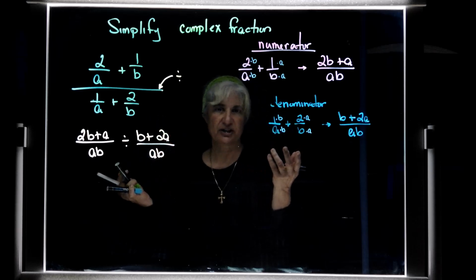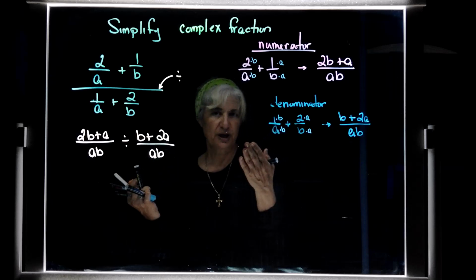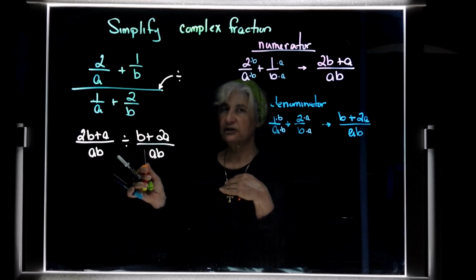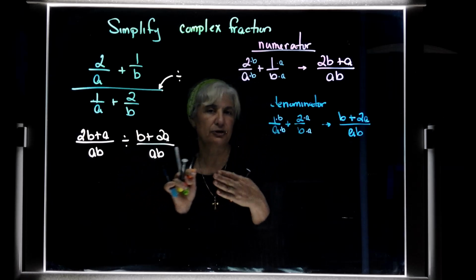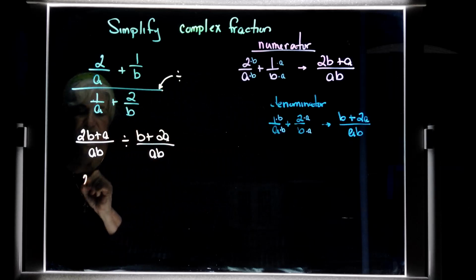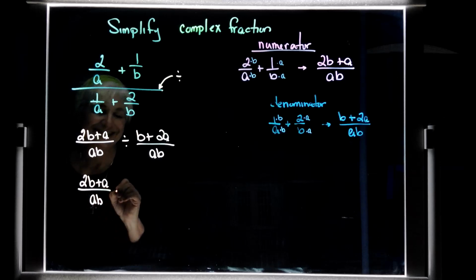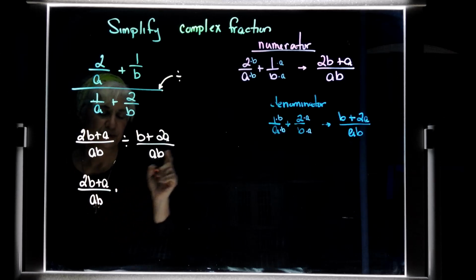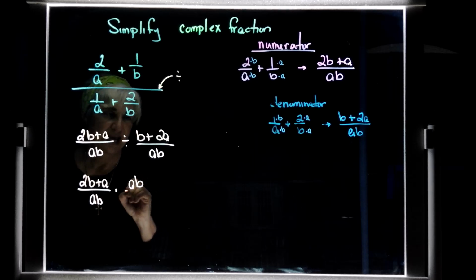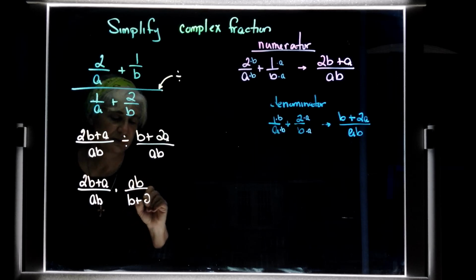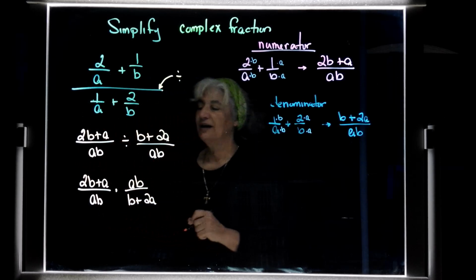Because as soon as I write it this way, now my brain is like, oh, I'm just dividing fractions. So how do I divide fractions? You multiply by the reciprocal of fraction number 2. Good. So this is 2b plus a over ab times the reciprocal of fraction number 2, ab over b plus 2a. Aha!